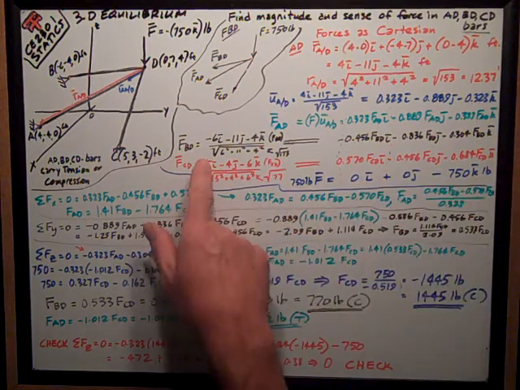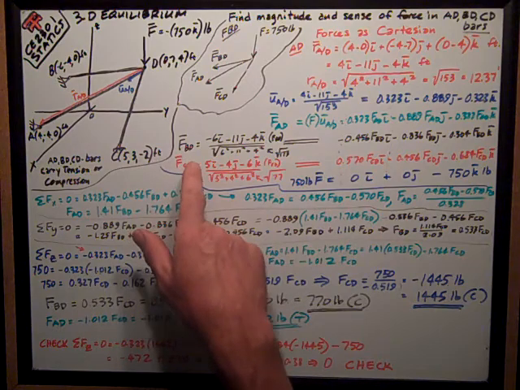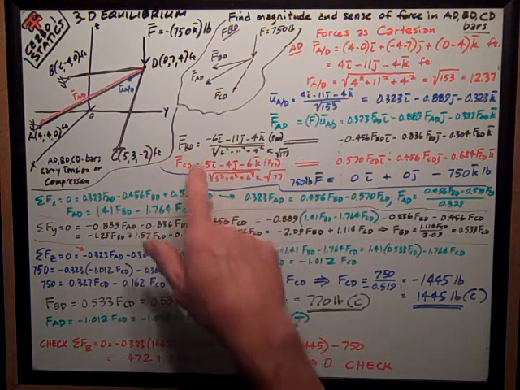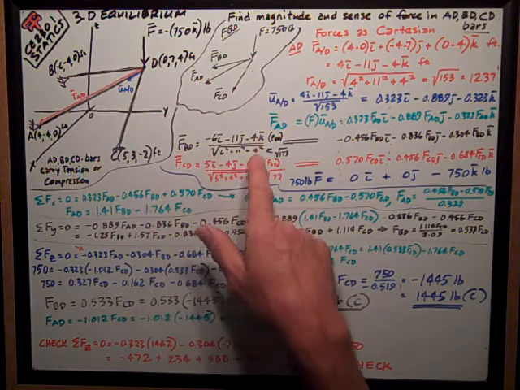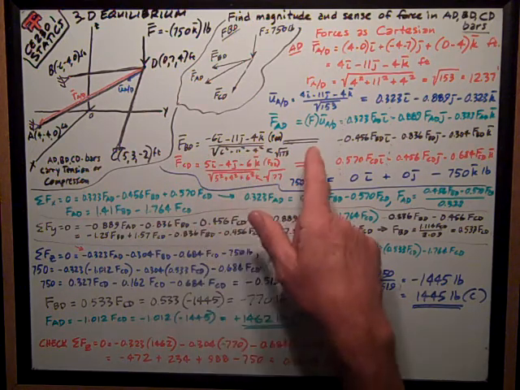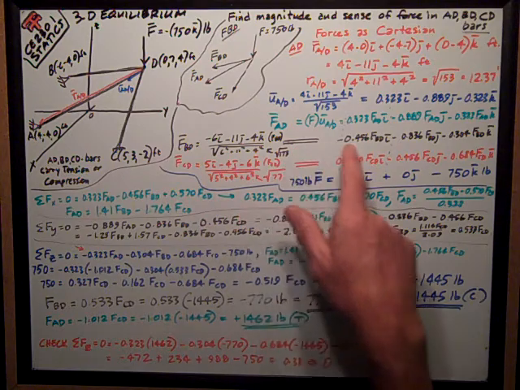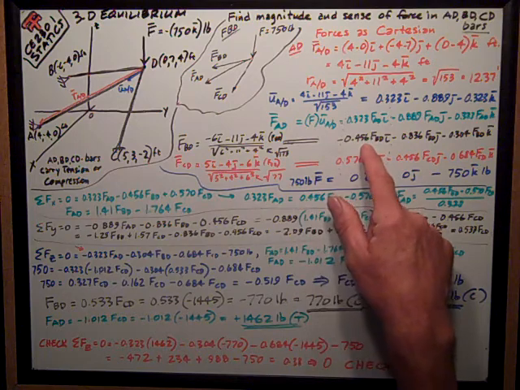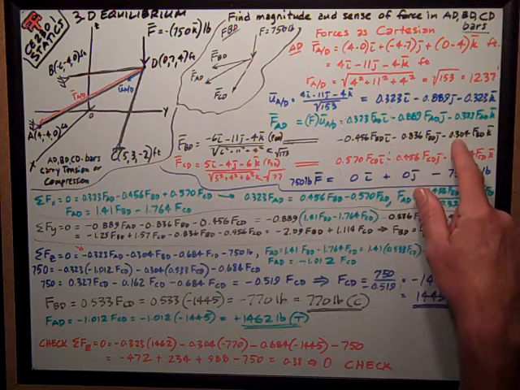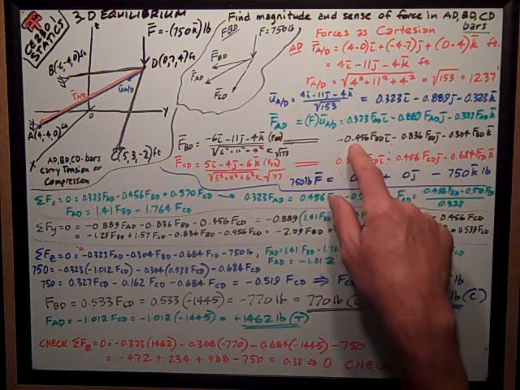Then, a simpler, quicker way of doing FBD is just to write it out like this. Write my position vector here, write the length of my position vector here, do the math, and I come out with the FBD vector expressed in Cartesian form with these components. Remember, these are the direction cosines.